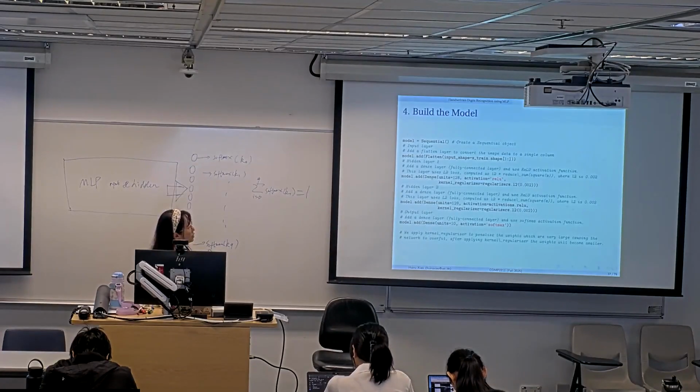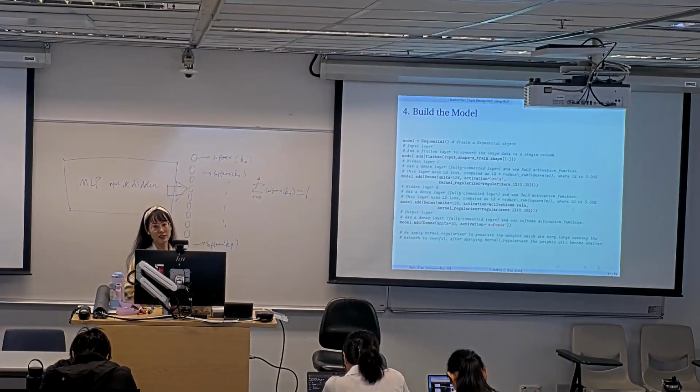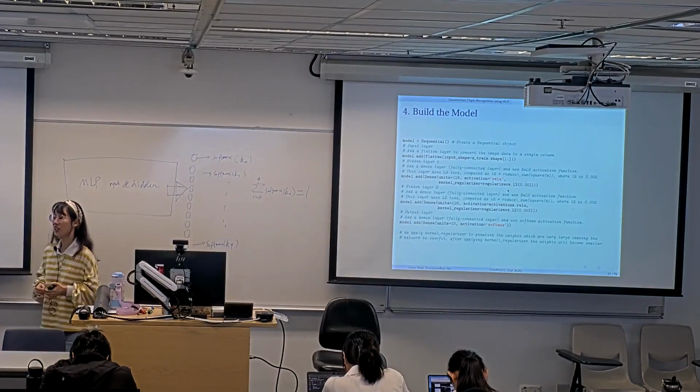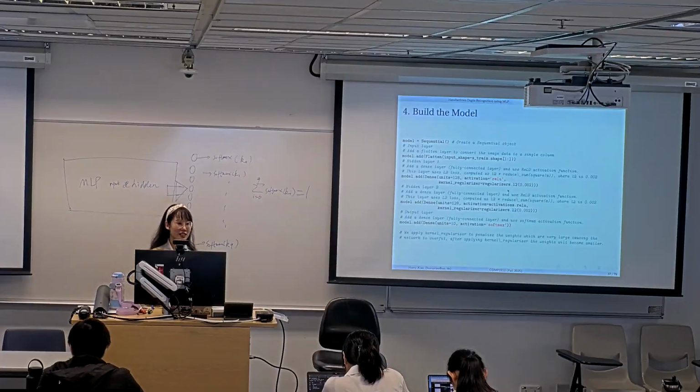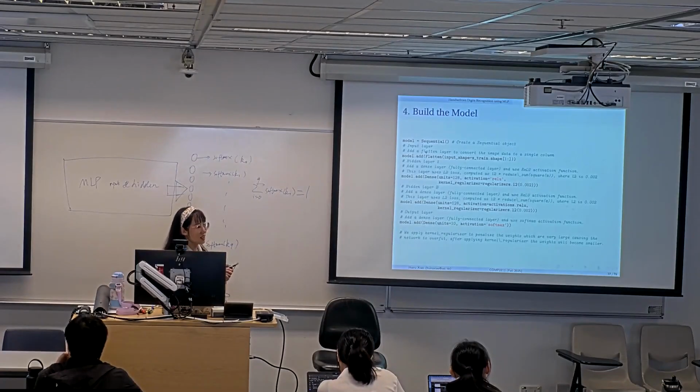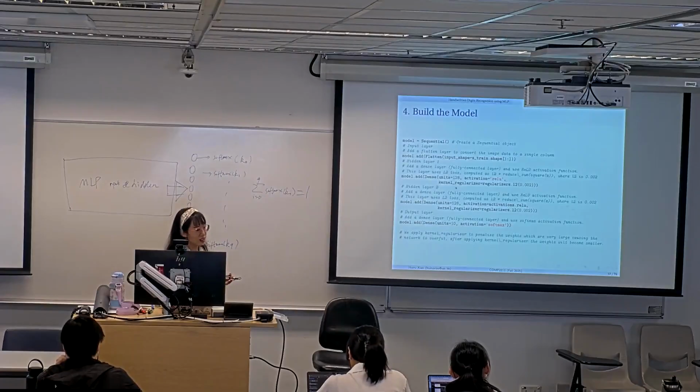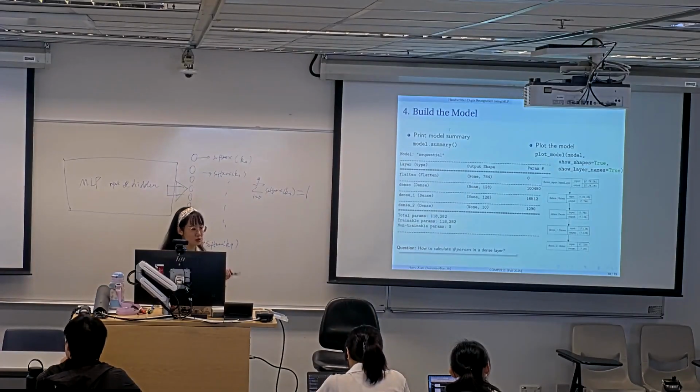All right, so after we build the layers, usually we need to check our model. We don't know whether our implementation is correct or not. Sometimes we don't even know whether our implementation is consistent with our design. To check that, we don't recommend reading your code, because it's not as readable as directly printing your model summary.